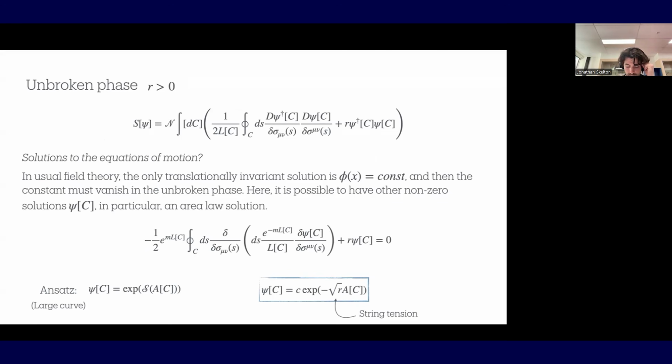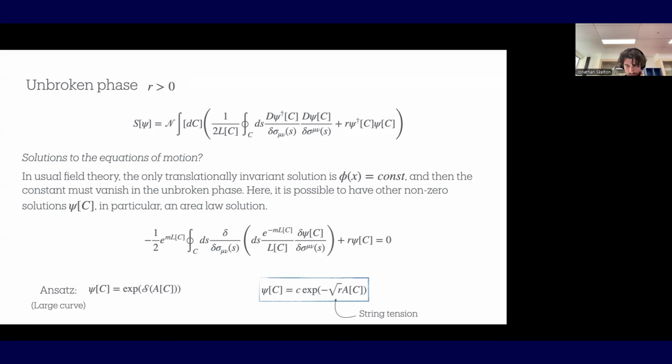We suppose it's going to be a function of A. We don't know what it is. Then you plug this in and you find that the leading one is linear in the area with the square root of R. Is A the area in this context, not the gauge field? Yes, it's the area.